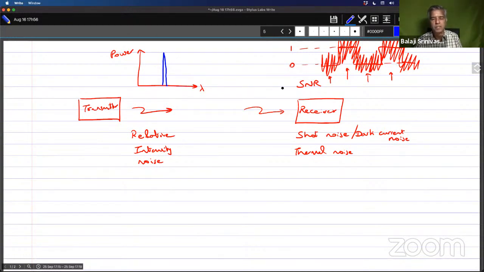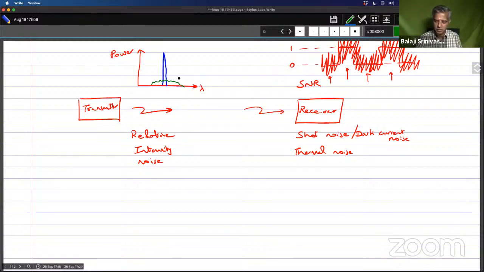It's narrow line width and highly coherent. But what happens typically is, along with this light emission, let's say it's a laser emission, you also have some extra emission.